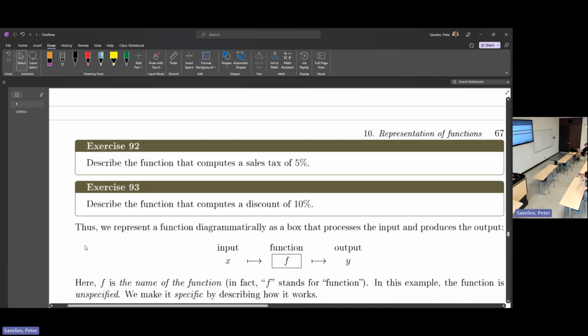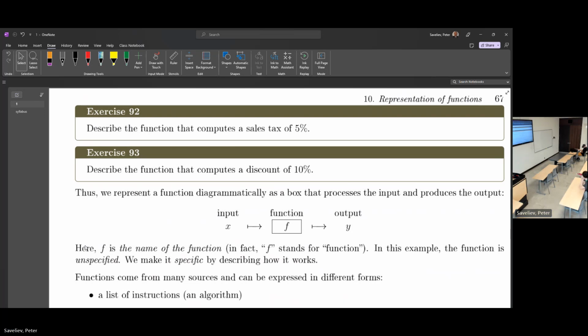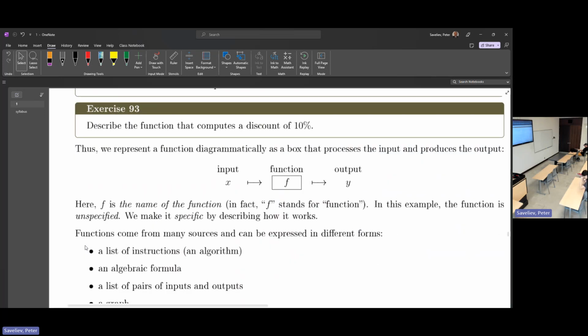So function: input, output, and the function in the middle. That's just a way to chart a black box, which could be made of many functions inside of it. So the name of the output, the input variable, the name of the function, and then the interpretations are multiple. A list of instructions, what we just saw, is called an algorithm.